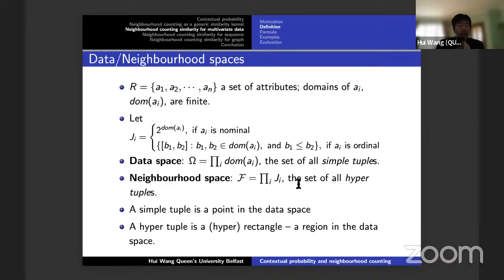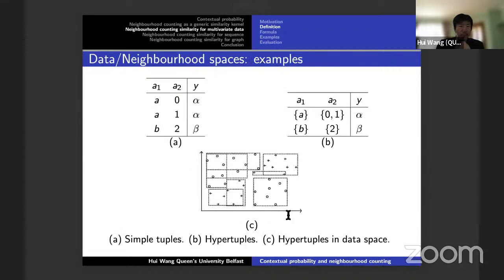Each element is simply a vector of sets, and each element is called a hypertuple. I will show an example later on. A simple tuple is a point in the data space, whereas a hypertuple is a rectangle in the data space.